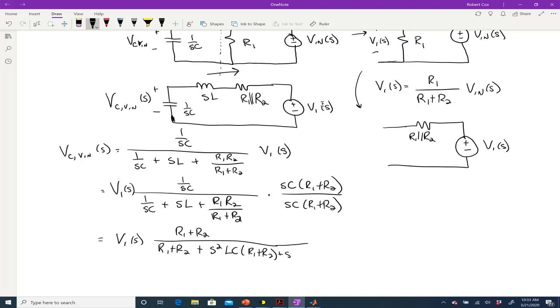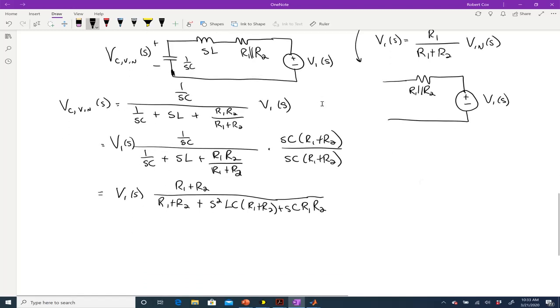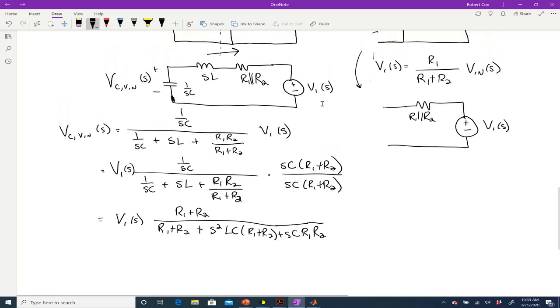plus SC R1 R2. To simplify this, one thing I need to remember is that V1 of S is a function here, so I've got to make a replacement.